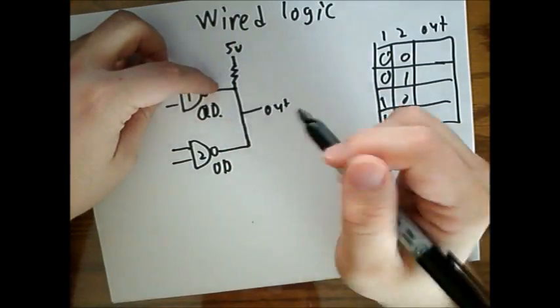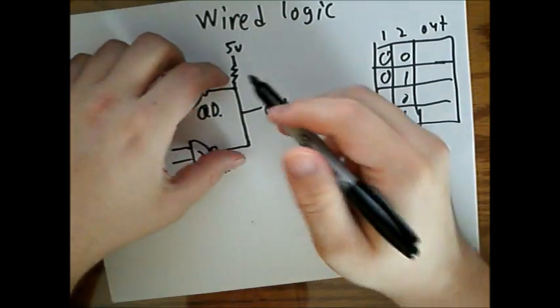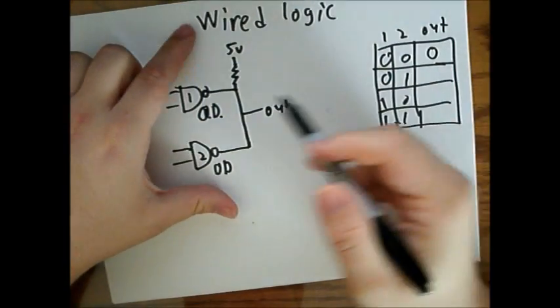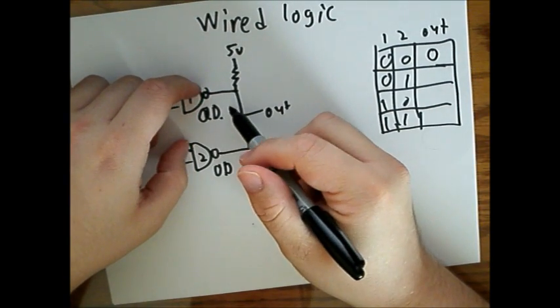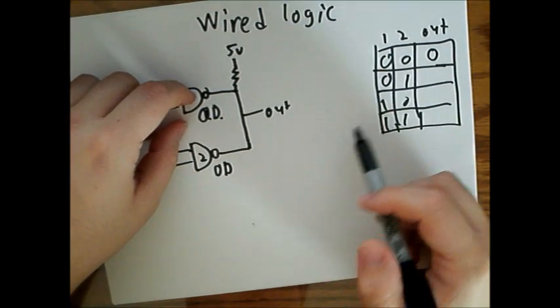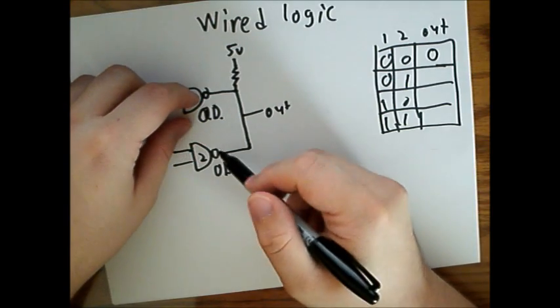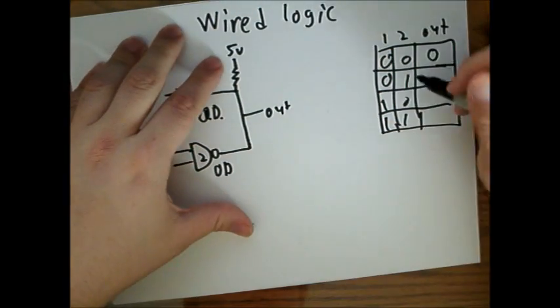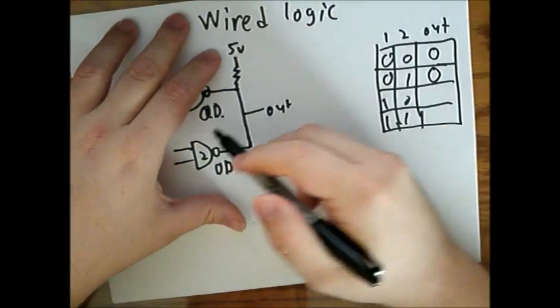If the output of these are both 0, well, then the output's going to be 0. Okay. And then now when the output of this is 1, and the output of this is 0, it's going to be 0. Likewise for that.